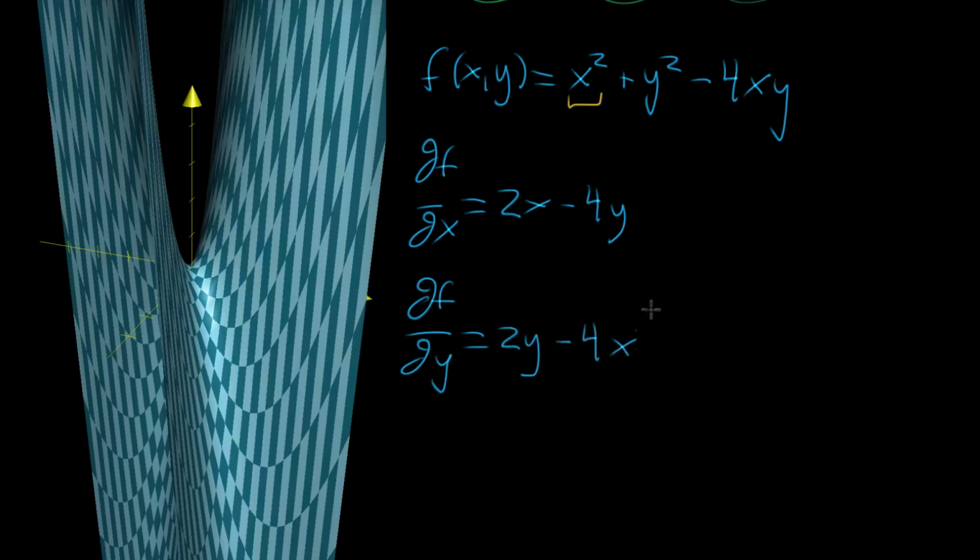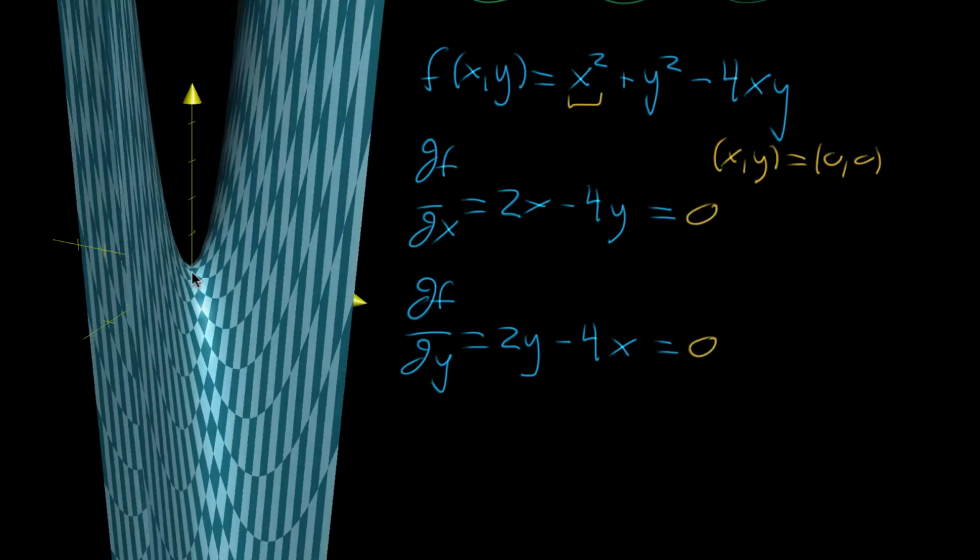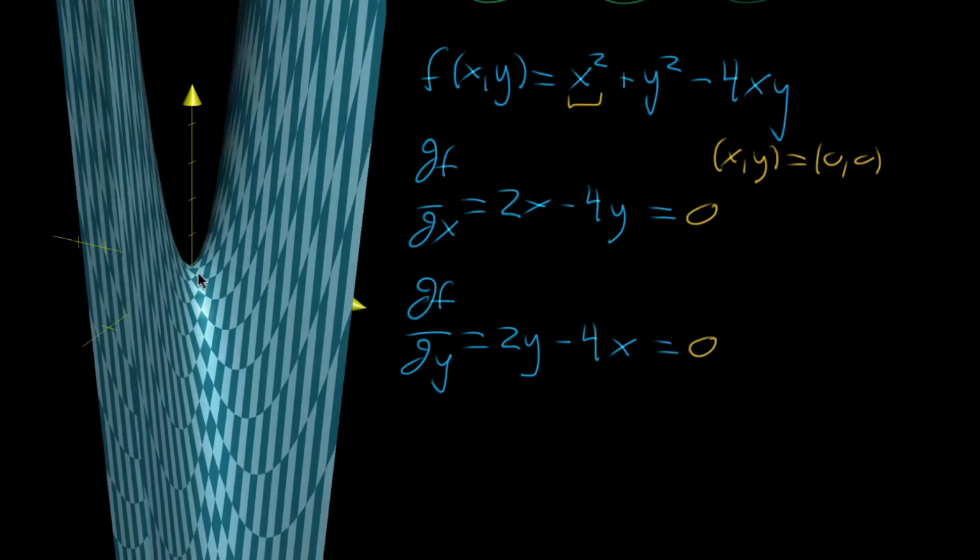Now when we plug in x and y each equal to 0, the origin point, into both of these functions, we see that they're equal to 0. So we will indeed get a flat tangent plane at the origin.